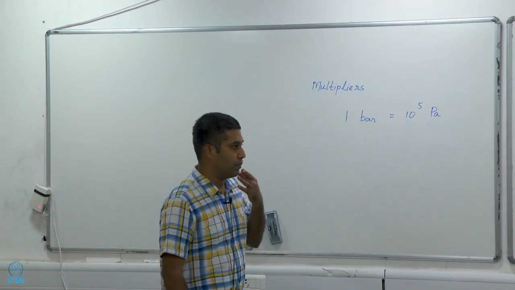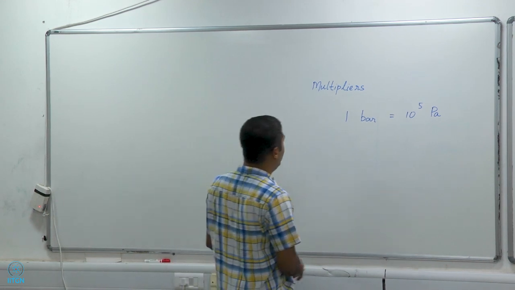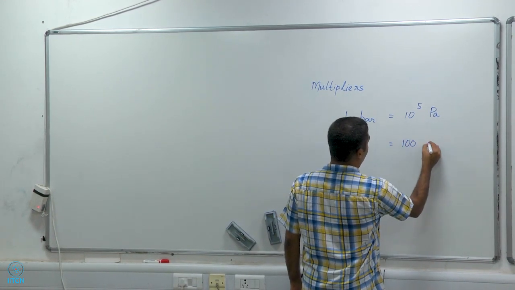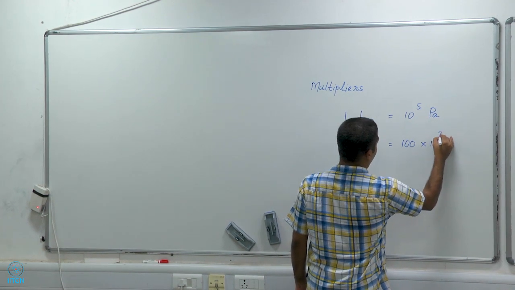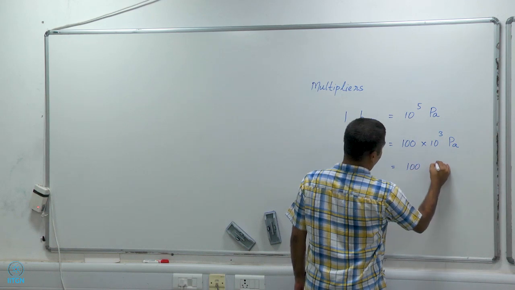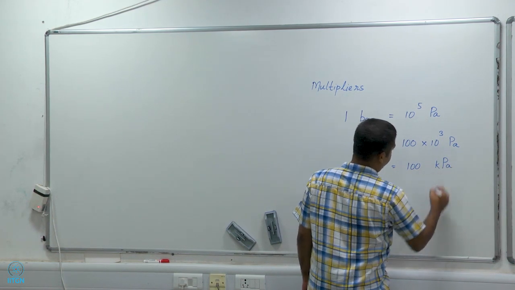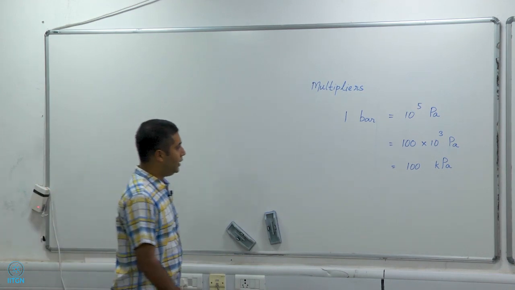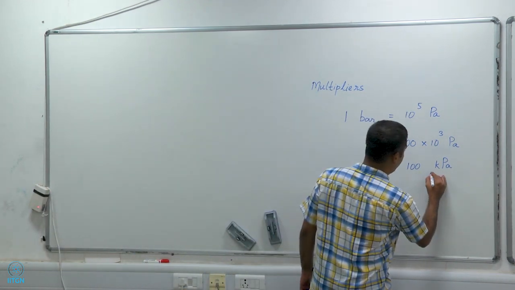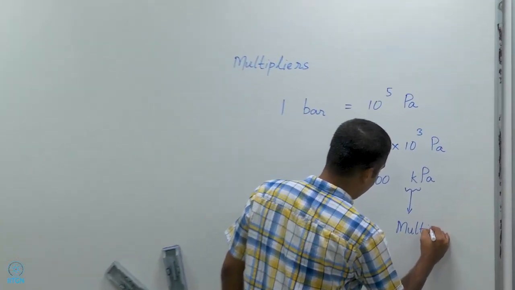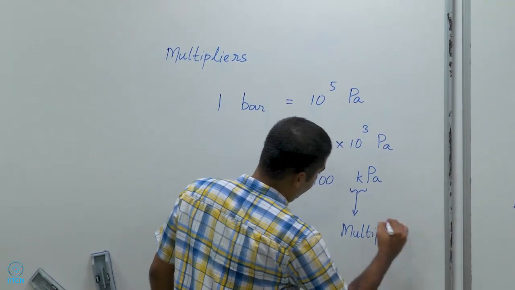So, we sometimes use bar, but we also talk about, for example, this is also equal to 100 times 10 power 3 Pascal. And so, I can write this as 100 kilopascal, right. So, this K here now becomes a multiplier to the Pascal.